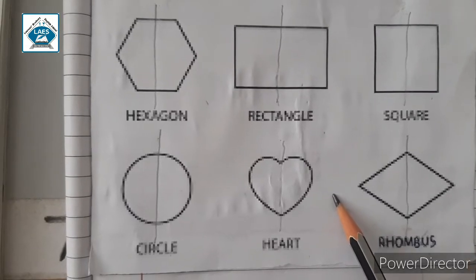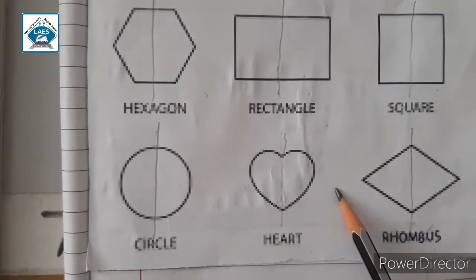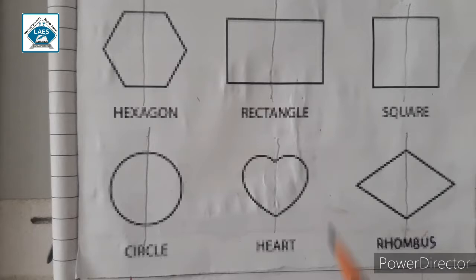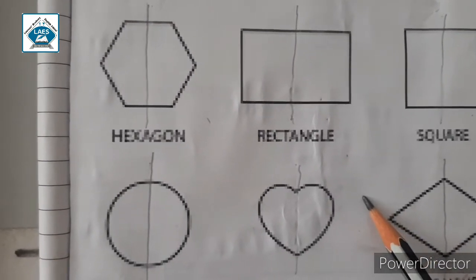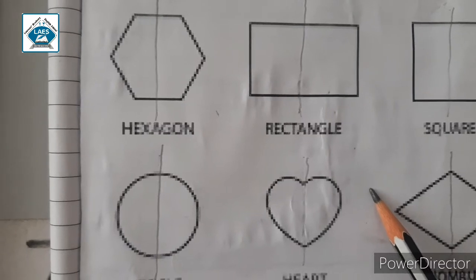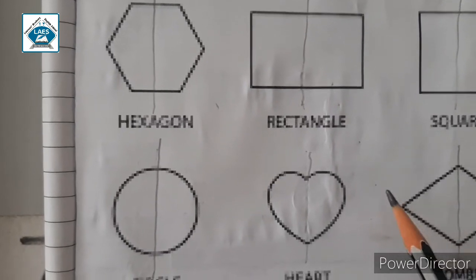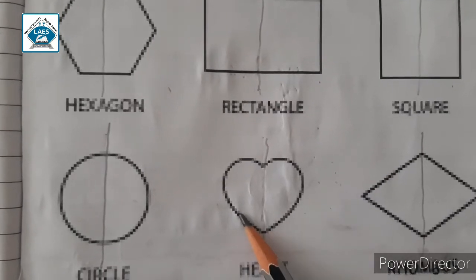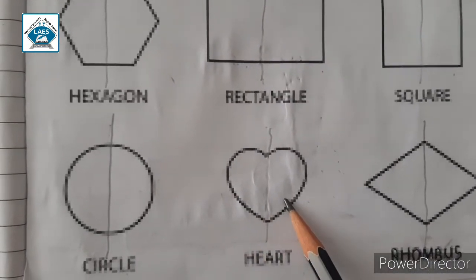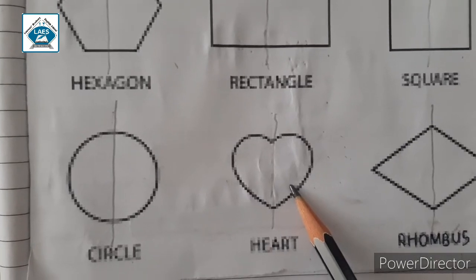So you will get that these shapes are dividing into two parts, and the first part easily covers the second part. So these pictures are all symmetrical. Why? Because the second part easily covers the first part exactly.